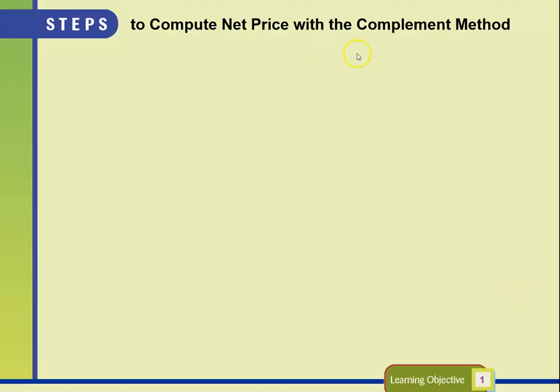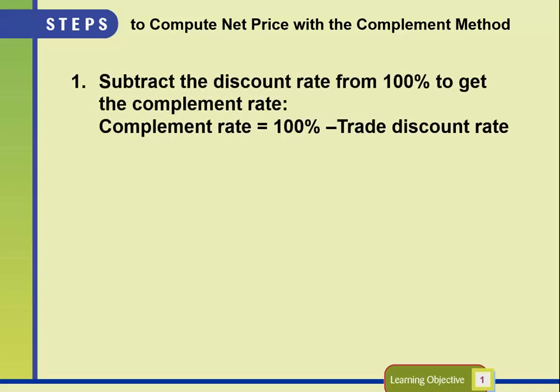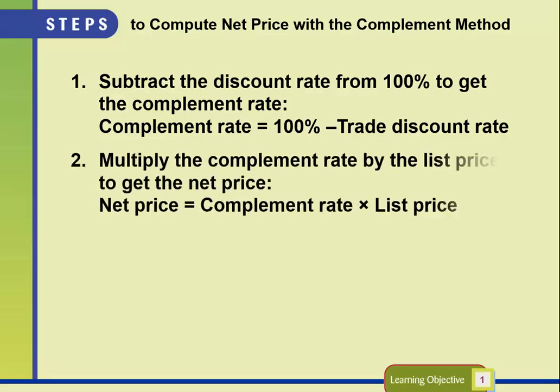The complement method makes finding the net price faster. Instead of subtracting the discount from the list price each time, we're going to use the complement of the discount right away. The first thing that we're going to do is to subtract the discount rate from 100% to get the complement rate.